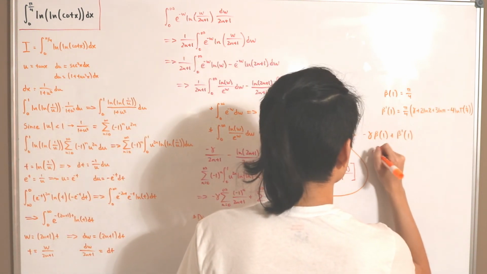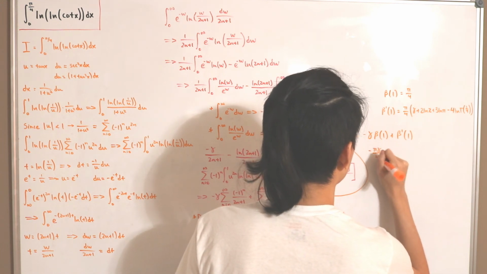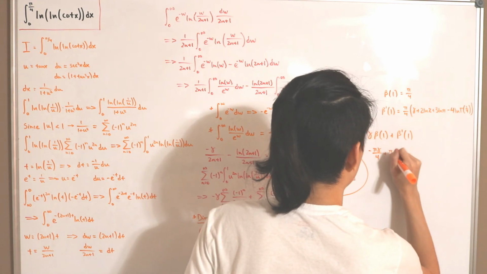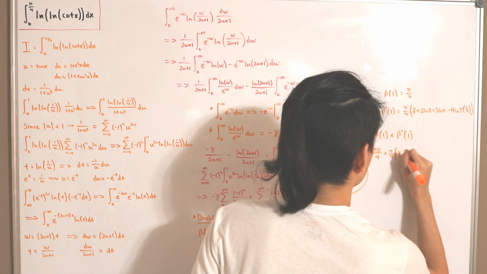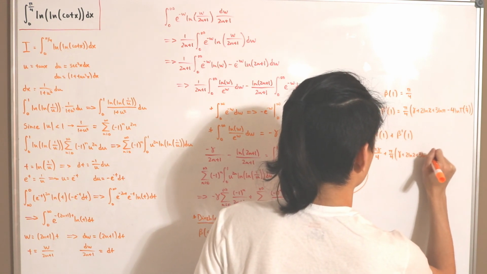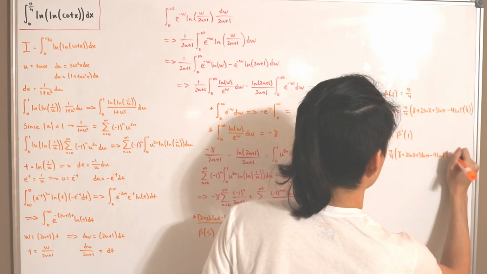So we get negative pi times gamma divided by 4, plus pi over 4 times gamma plus 2 ln of 2 plus 3 ln of pi, minus 4 ln of gamma of 1 over 4.